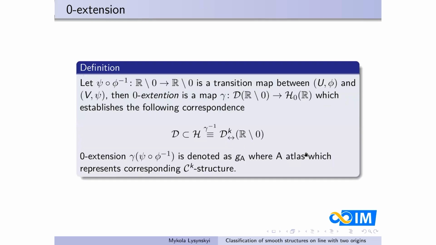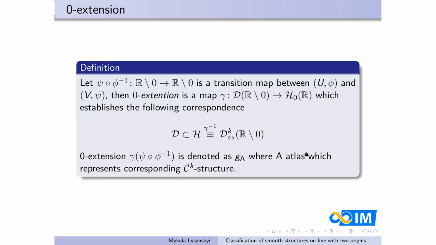So first, let's define what I call the zero extension. By definition, our transition map should be C^k differentiable in the calculus sense. But in contrast to the Hausdorff case, here the domain and codomain of our transition map is R without 0.